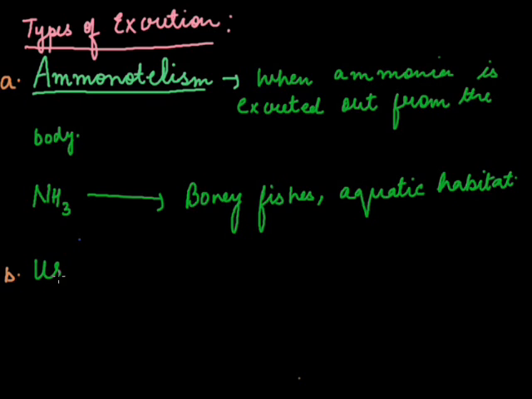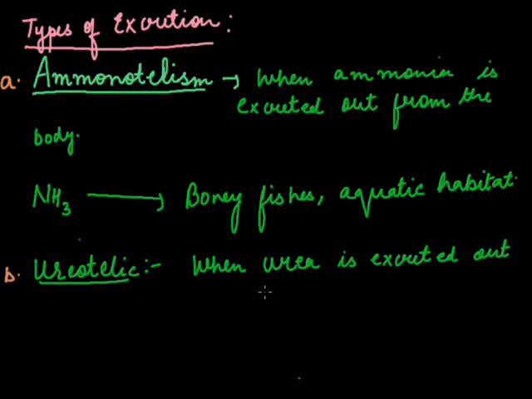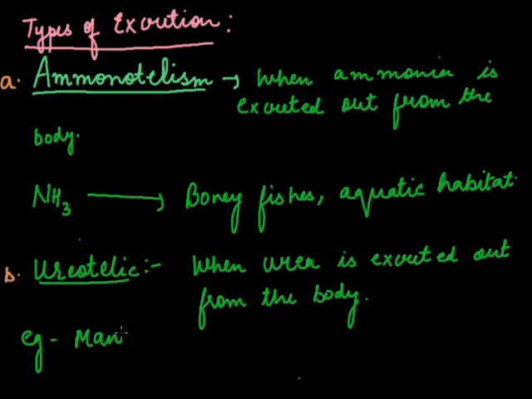ureotelism. What is ureotelism? When urea is excreted out from the body, it is known as ureotelism. The example is man.